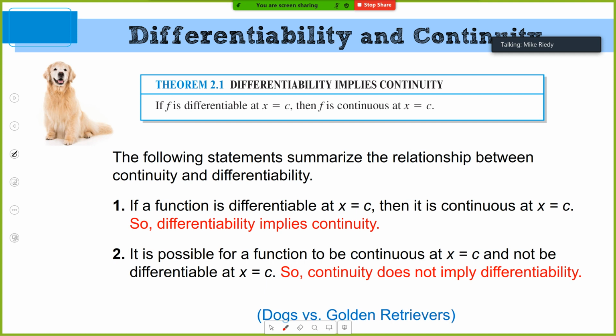For those of you that had me for geometry, you remember we spent a lot of time talking about dogs and golden retrievers. All golden retrievers are dogs, but not all dogs are golden retrievers. The same is true here. If you can take the derivative, it has to be continuous. However, just because it is continuous doesn't mean it's differentiable.